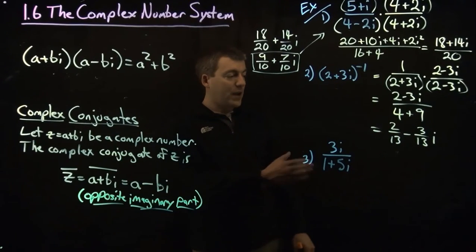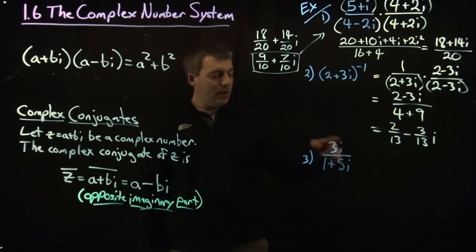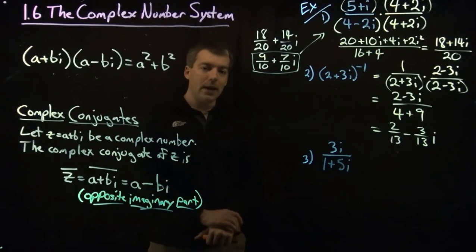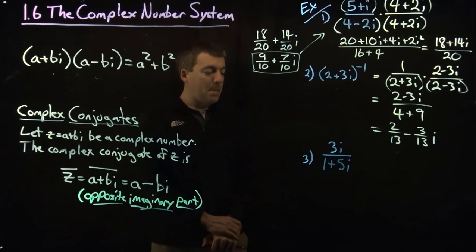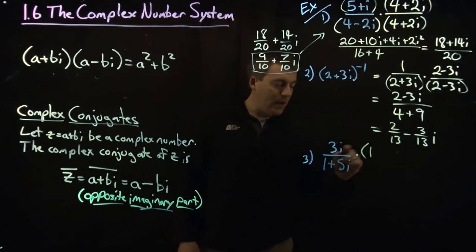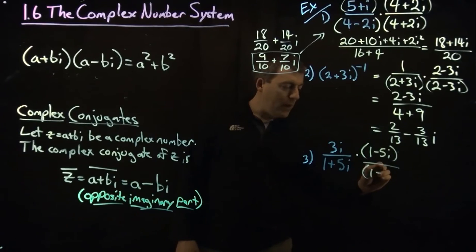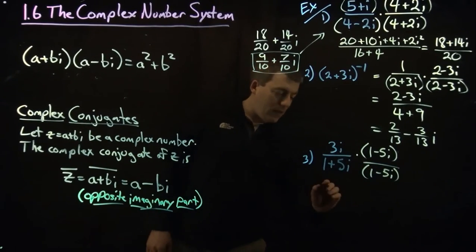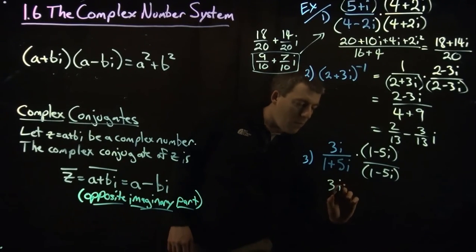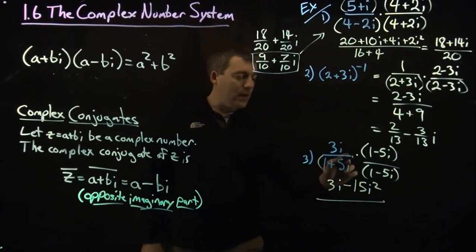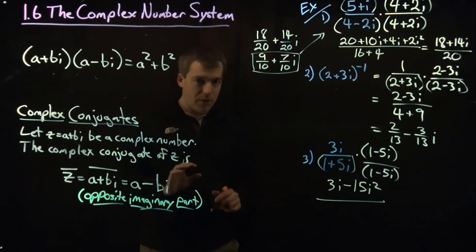All right, let's look at the last example here. If you want to pause the video again and try this yourself, go ahead. We want to multiply by the conjugate over the conjugate of the denominator. So 1 minus 5i over 1 minus 5i. The numerator is going to be 3i minus 15i squared. And then the denominator is the product of complex conjugates.